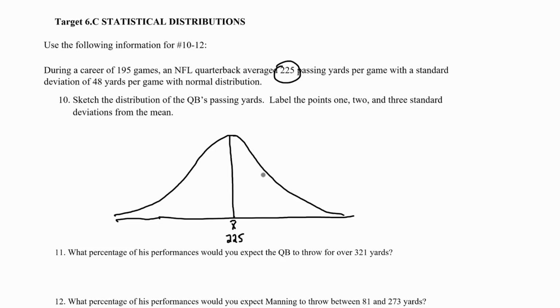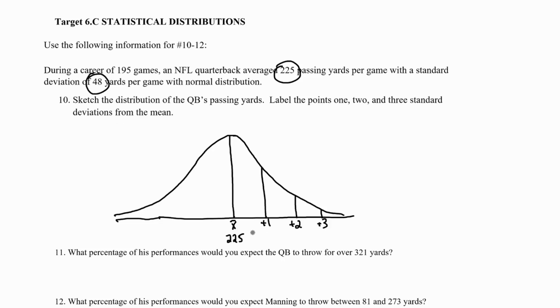The next step is I'm going to label everything above the mean. So I'm going to label one standard deviation above it, two standard deviations above it, and then three standard deviations above it. To come up with the actual value that is one standard deviation above the mean, which is 225, we just add our standard deviation in our problem, which is 48.